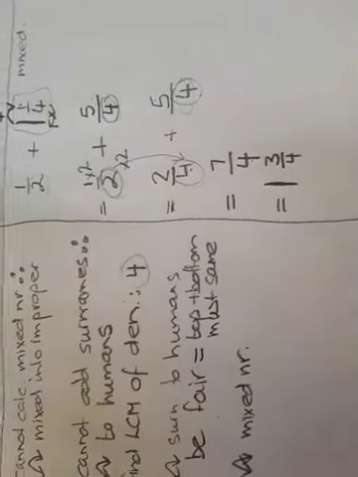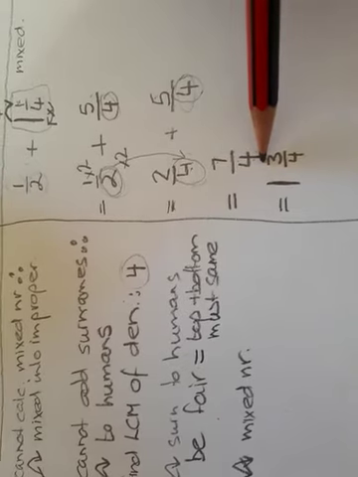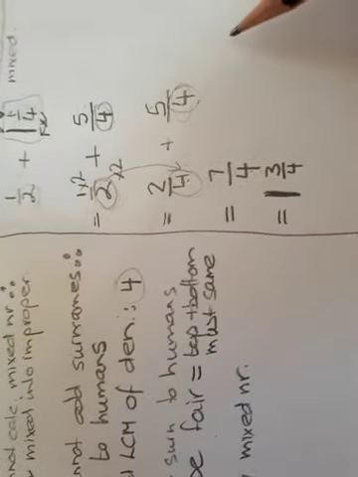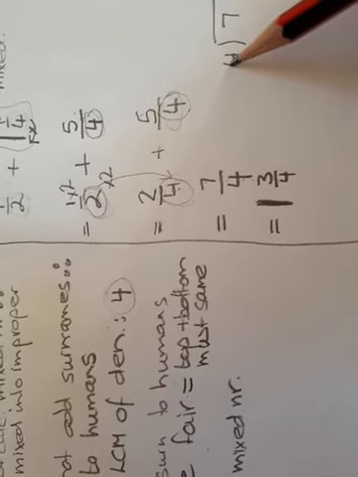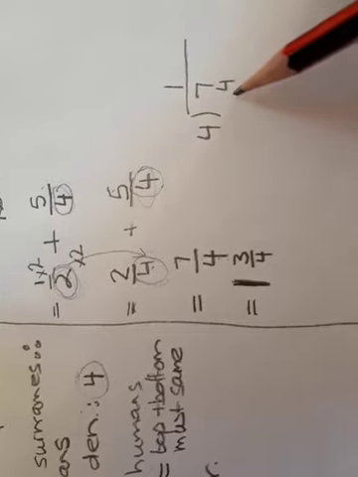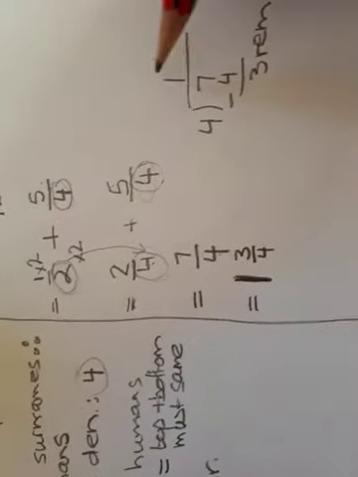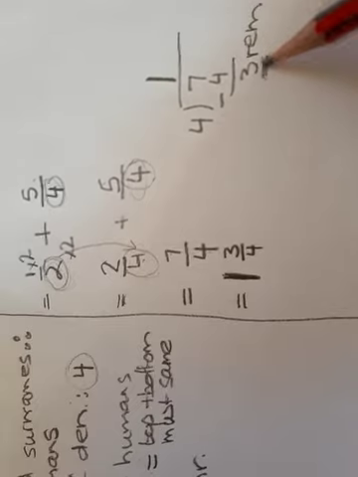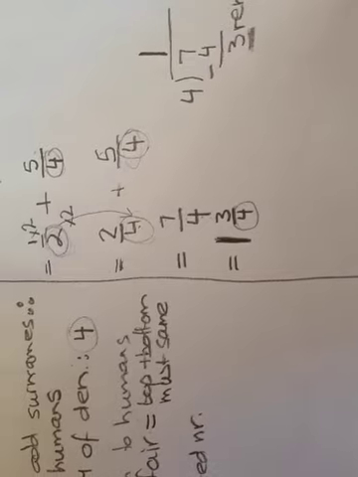I repeat this. It's 7 divided by 4, which gives you 1 whole, and then the remainder, if you take the long method, people, you have 7 divided by 4, 4 goes into 7 once, 1 times 4 is 4, then you subtract these two, and that gives you the remainder. So this is the 1 whole, that is your numerator. It's again the number of humans, and the humans remain the same.